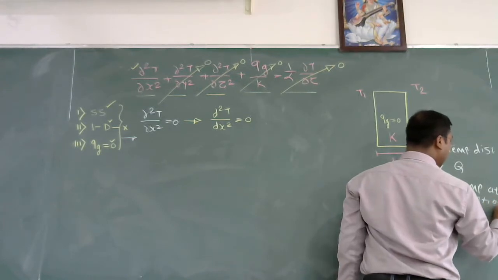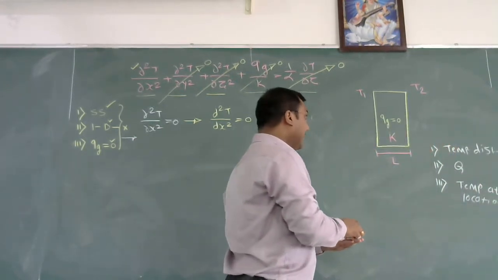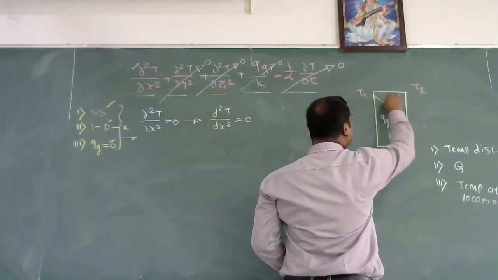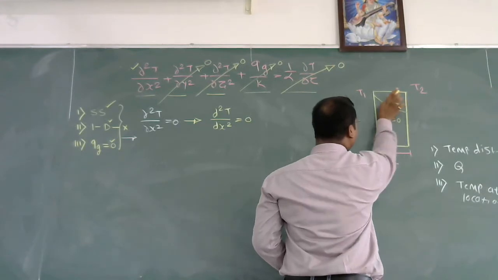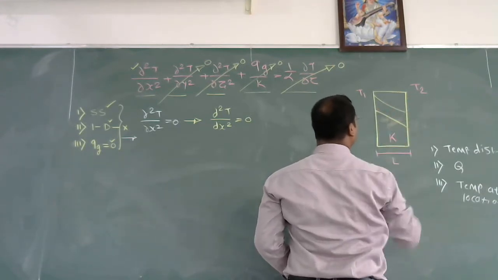Temperature at any location is nothing but the temperature distribution. It means I need to find the temperature profile. Is the temperature profile something like this? That I need to find out.